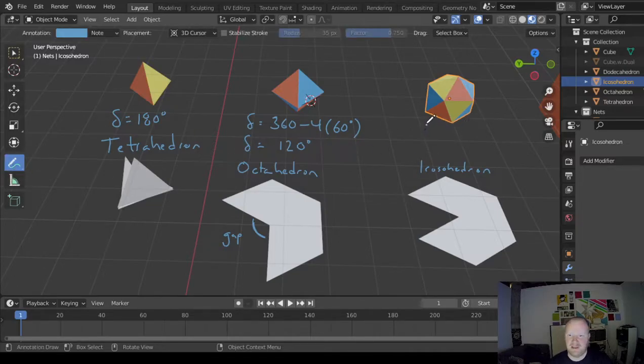So we can say that our spherical deviation this time is 360 minus 5 times 60, right? So that gap here, our spherical deviation, that part that's missing there, is just going to be 60 degrees.